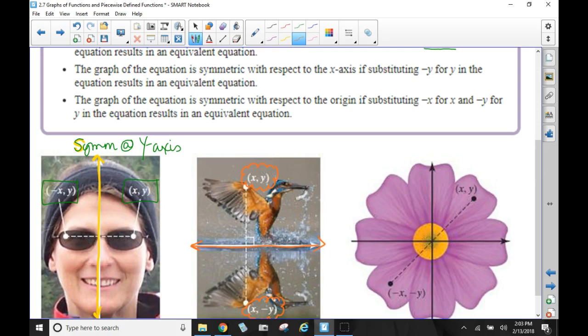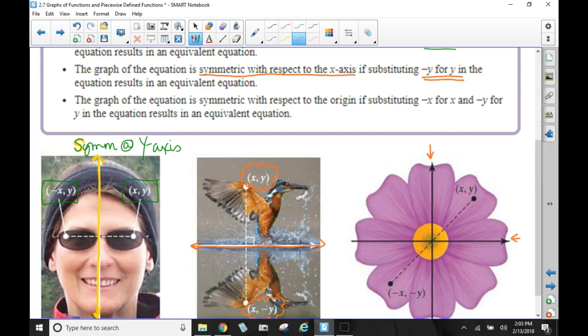So on the second bullet point, it says the graph of the equation is symmetric with respect to the x-axis if we substitute a negative y in for y in our equation and we get an equivalent equation.